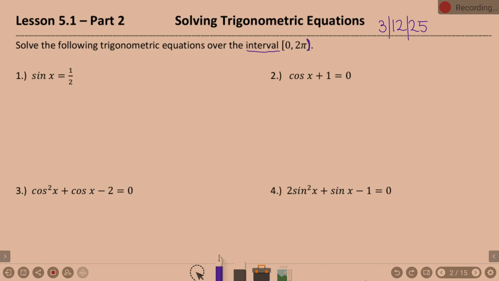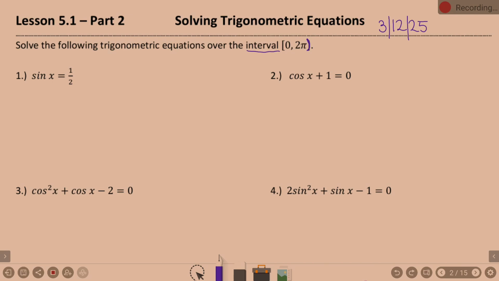Sine is the y value, right? Yeah, that's fine. Don't think in terms of that. Here's my hint. Let's look at our reference chart. At what angle does sine equal 1/2? 30 degrees.